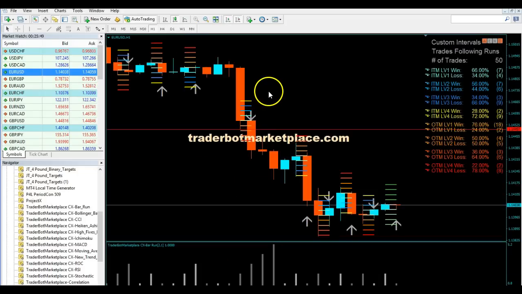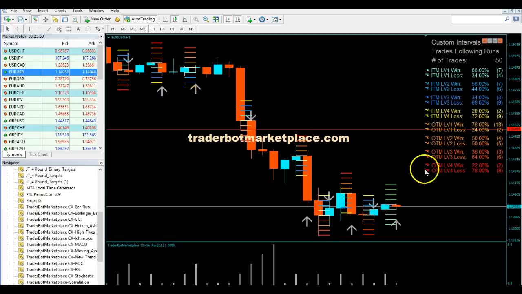Here's the Euro USD. Here is a signal if you like a lot. We are on a 1 hour time frame. On a 1 hour time frame it has a 76% probability of moving up by 3 pips and has a 50% probability of moving up by 6 pips on this one. A lot more signals, lower win rate.